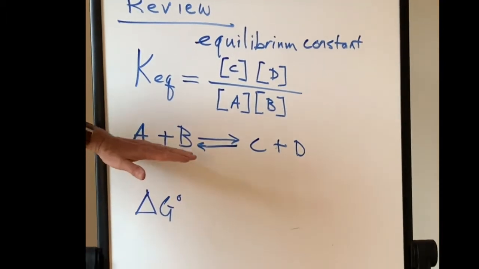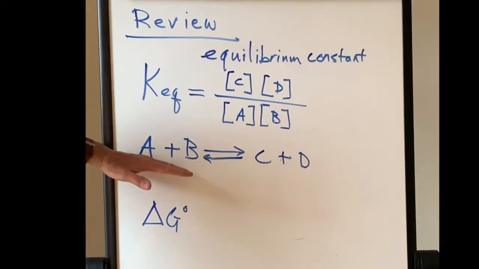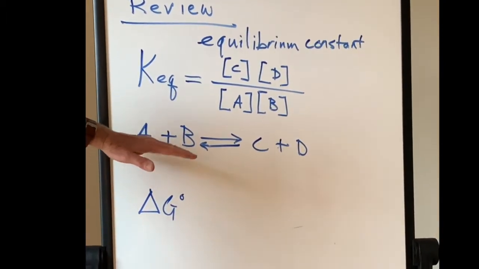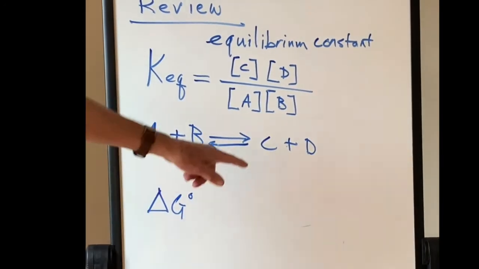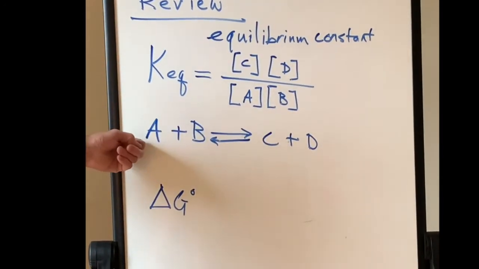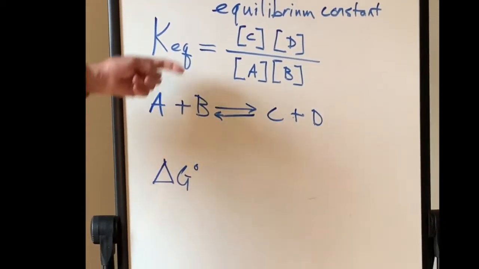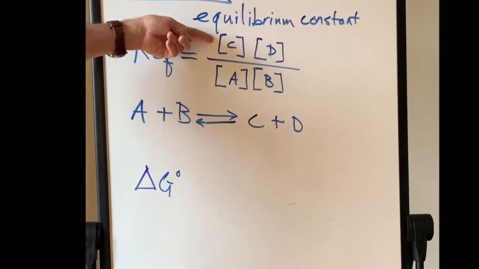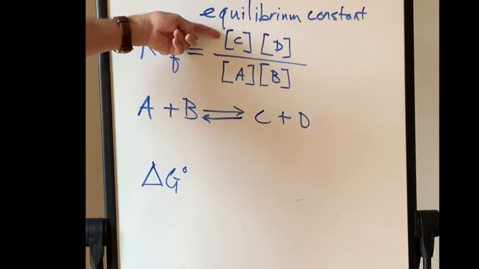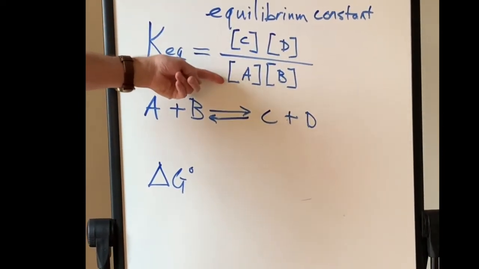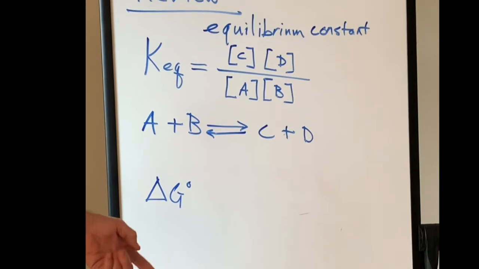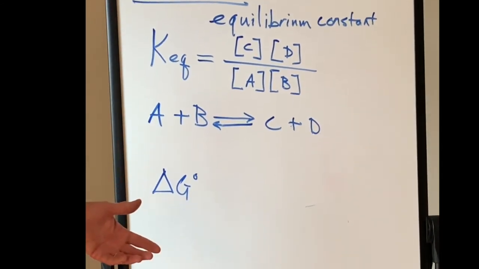Or if most of the A and B do not form C and D, the equilibrium lies to the left, it favors reactants. In that case, the numerator would be a small number, the product of small numbers, and the denominator would be a large number, the product of large numbers.